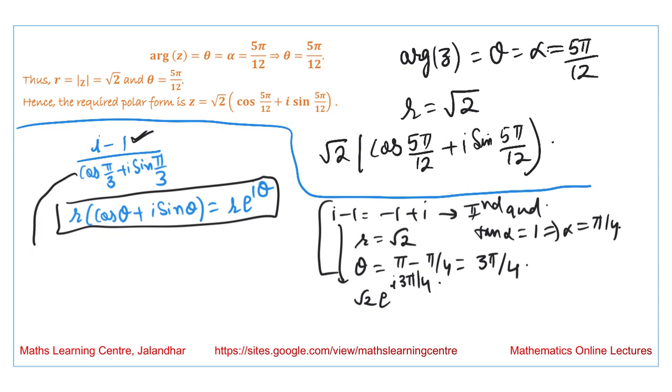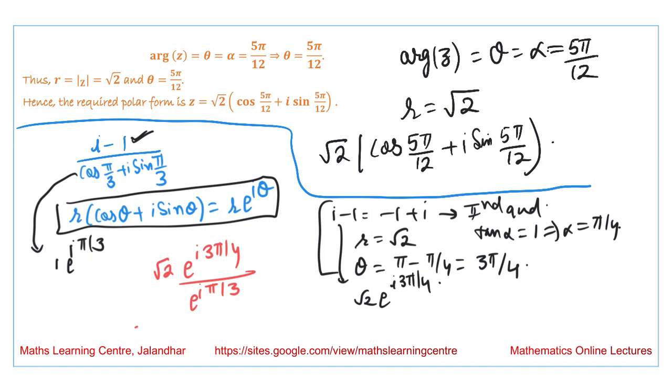And for the denominator, the value of r is 1, so it is 1 e raised to the power iota pi by 3. If we divide both these numbers, we get root 2 e raised to the power iota 3 pi by 4 divided by e raised to the power iota pi by 3.